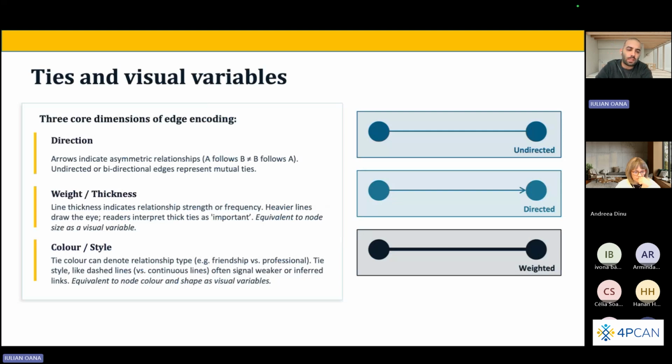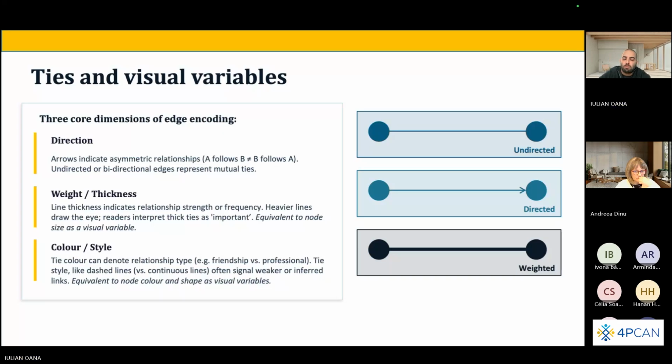So first of all, as I said, we can talk about direction. So we can have either simple lines or various kinds of arrows. Then we can talk about weight, line weight or thickness, which indicates strength or frequency.